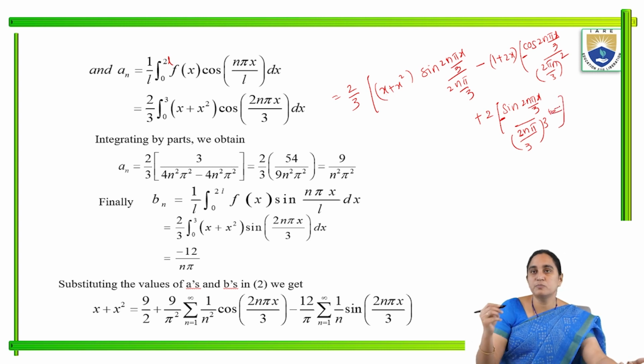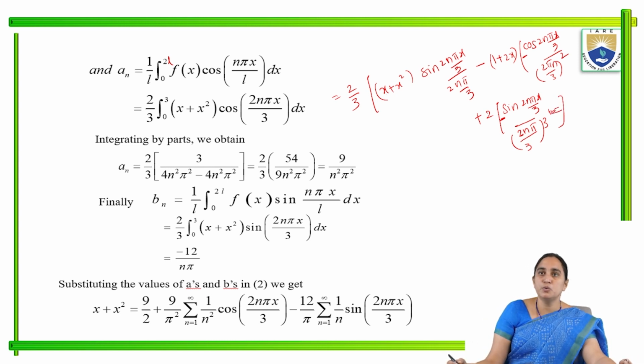Stop the procedure at the constant term of u, which is 2. This is the expansion for integral uv, with limits 0 to 3.